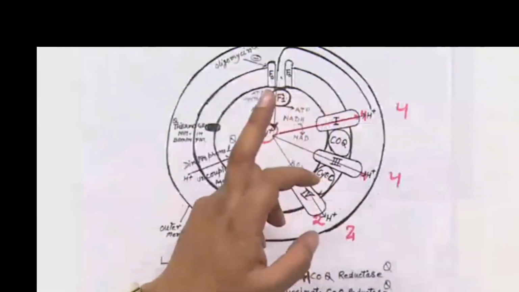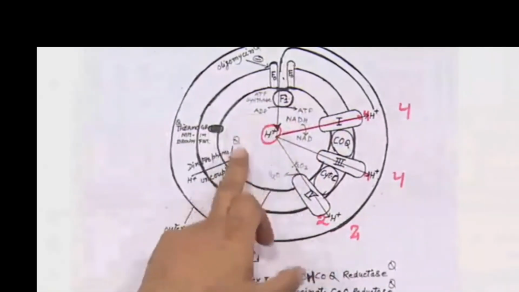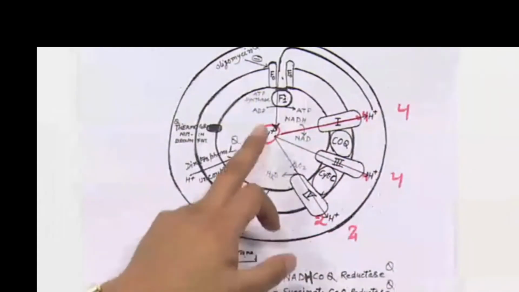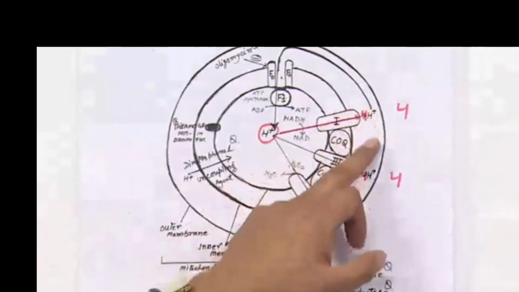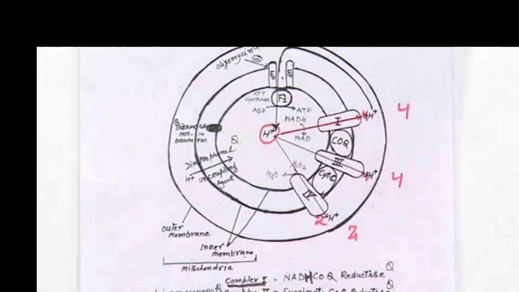With the help of this energy, complex 1 transfers 4 H+ from the mitochondrial matrix to the intermembranous space, third transfers 4 H+, 4 transfers 2 H+. So 10 extra H+ accumulate in the intermembranous space.